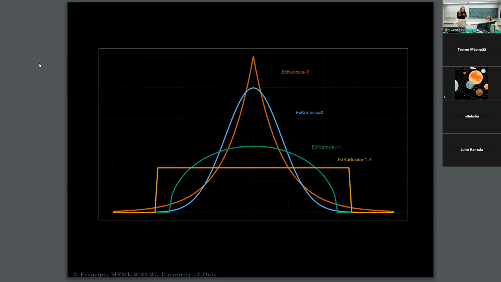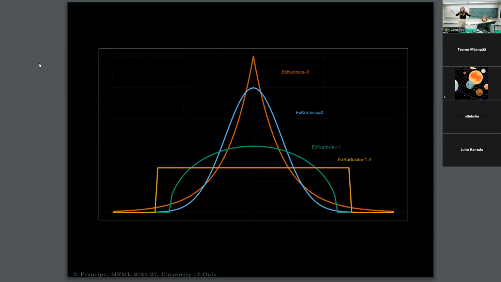So the idea is that if you take one that has, for example, excess kurtosis equal to 3, the one that is red, you see that the tails are bigger than the tails of the Gaussian, that is the blue. Whereas, for example, the red one has smaller tails.